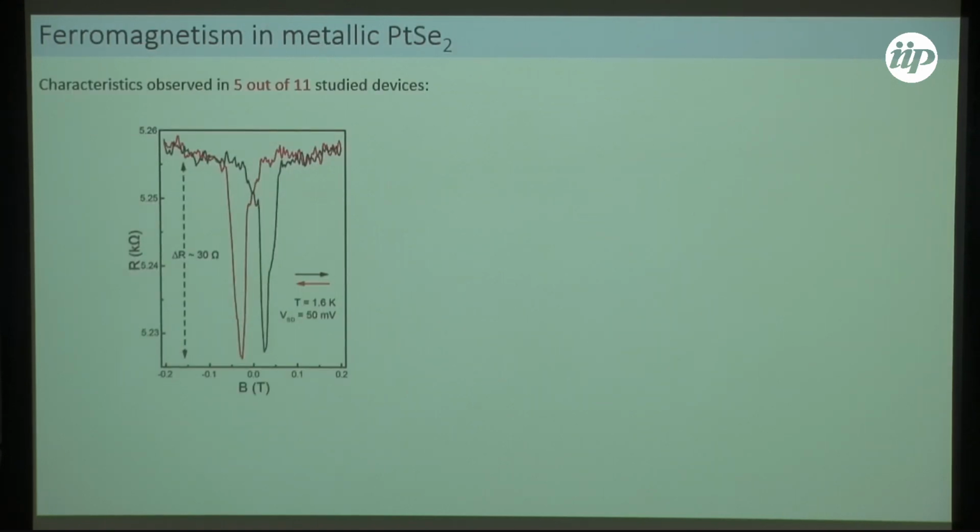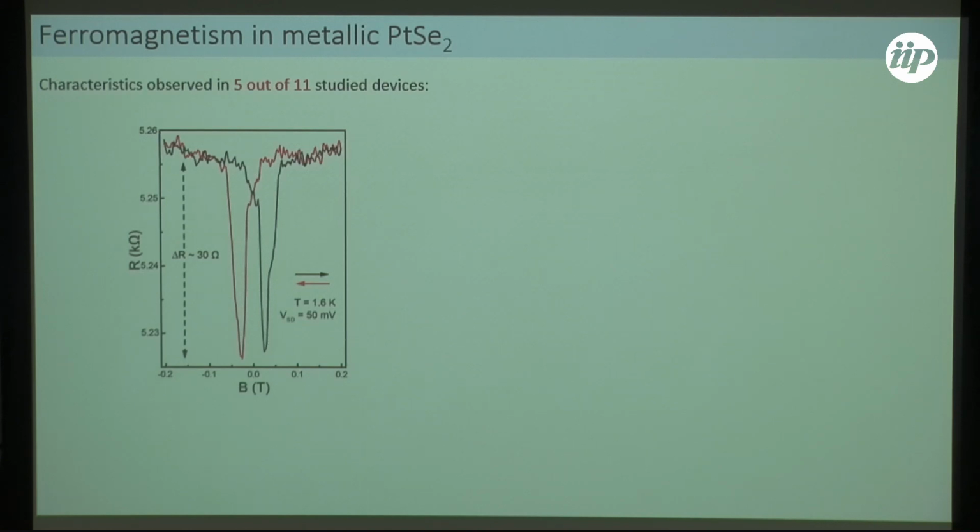And we got quite surprising results. This is the response that we got from 5 out of the 11 devices that we studied. Once you scan the magnetic field in the out-of-plane direction, from left to right or right to left, you see this hysteresis curve, and we also saw some minor hysteresis curves by stopping here and then going back.